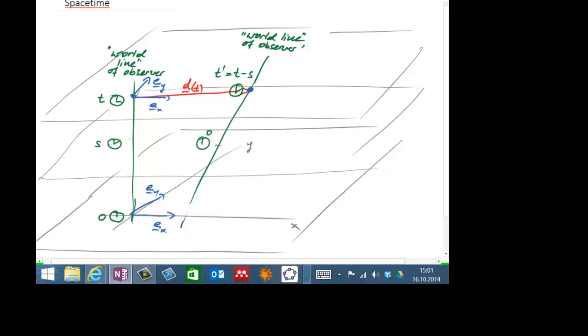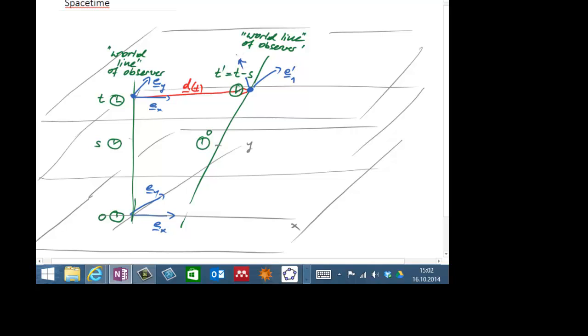So at my time t, my colleague's spatial reference frame has an origin which is displaced by this distance vector d of t. And my colleague then has basis vectors which are rotated against mine. So they might, for example, be oriented like this: E1 and E2.